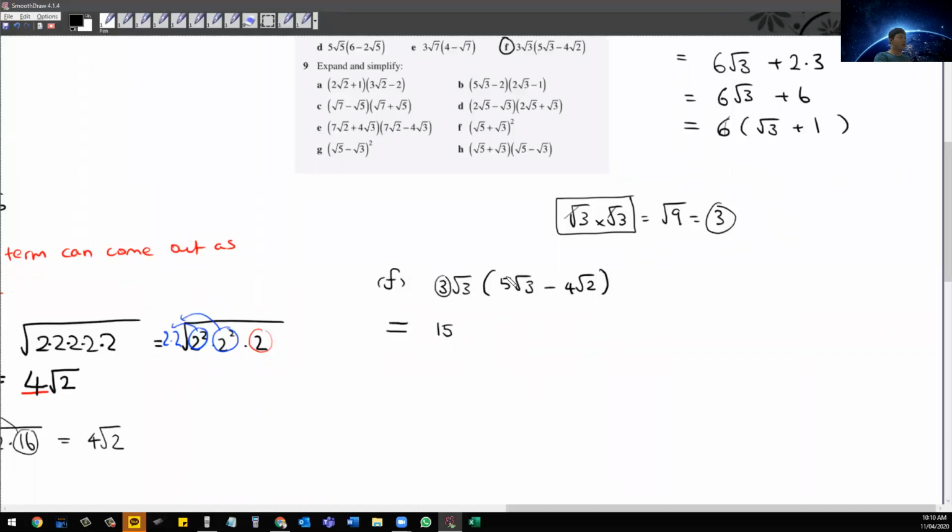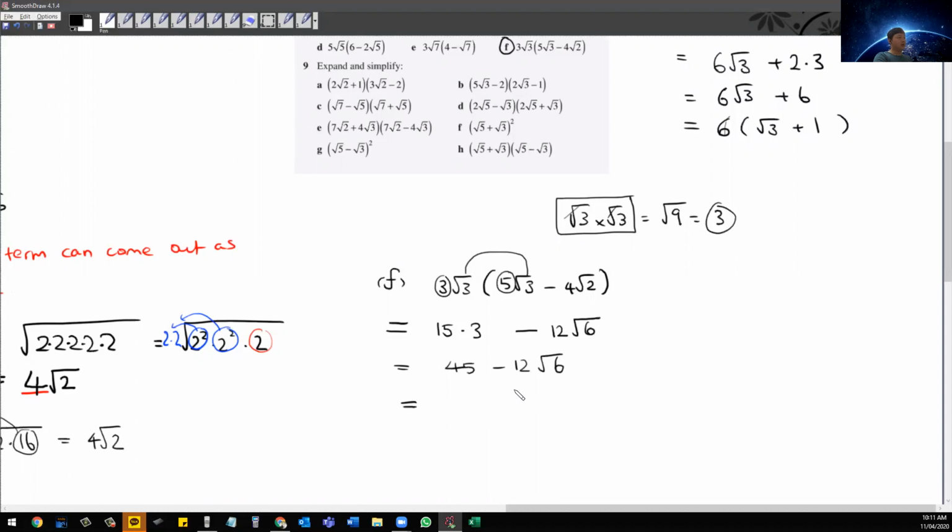That one times that one is 15, and that one times that one is just 3, true? Minus that one times that one is 12 root, that's 3 times 2, so still under root, right? 6 there. So this will be 45 minus 12 root 6.